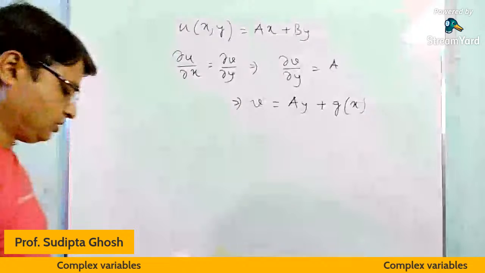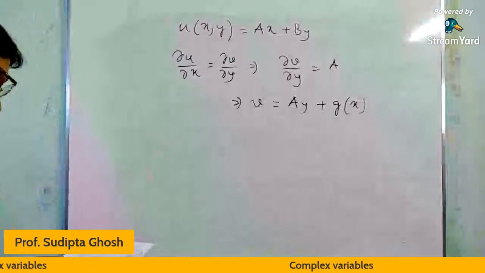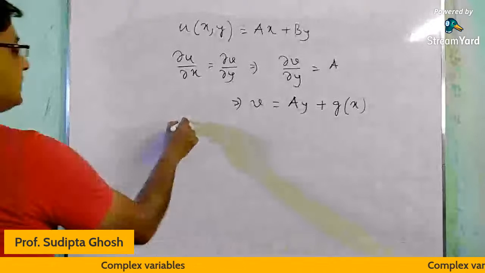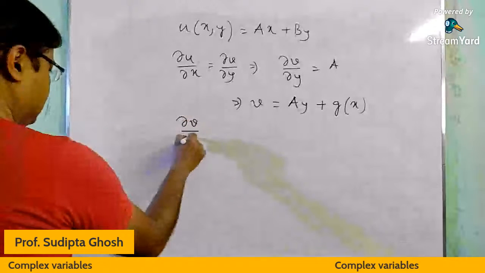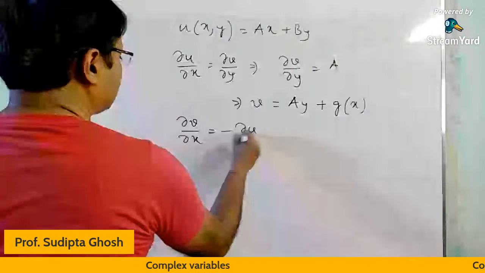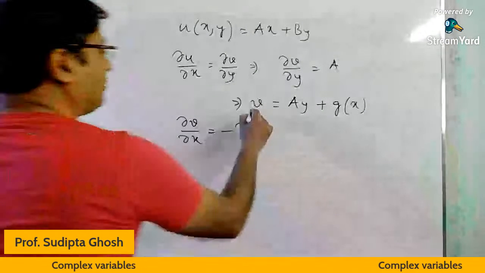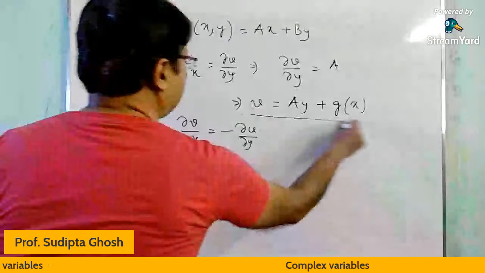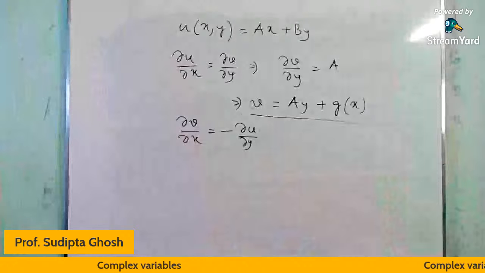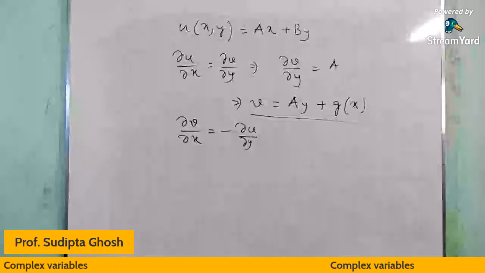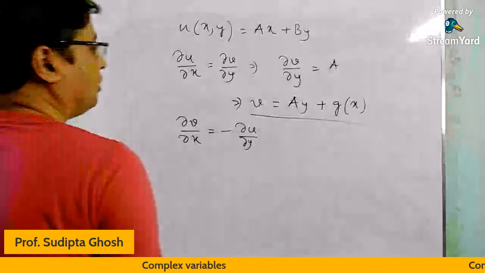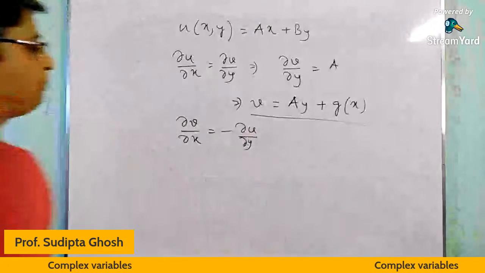The relationship must satisfy the other Cauchy-Riemann equation, del v del x equals minus del u del y. Here del v del x means g prime x, or dg dx.